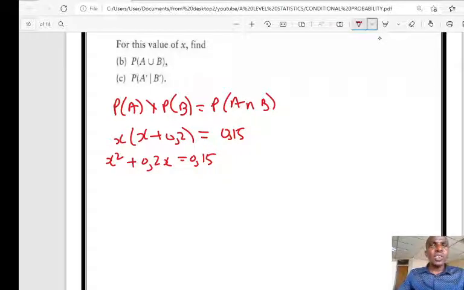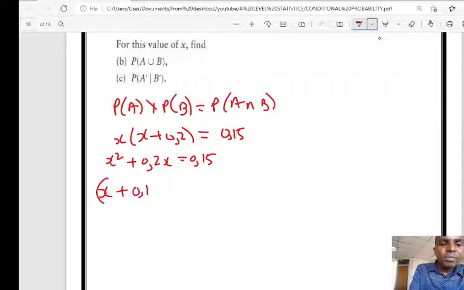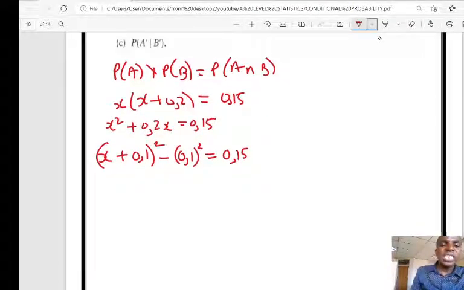You can use the completing the square method. Completing the square, you write X plus half the coefficient of X, which is half of 0.2, which is 0.1, then squared, minus 0.1 squared, is equal to 0.15. That's what you do here, completing the square method.